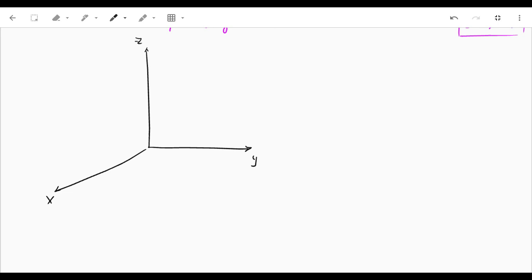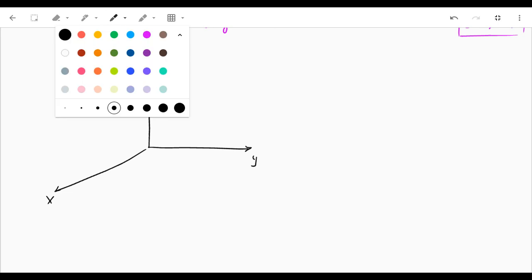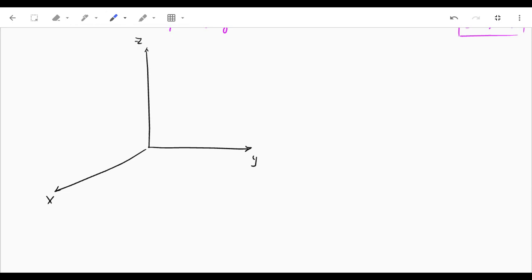So in our rectangular coordinates again, we might have an x, y, and let me get that a little bit longer for the y.